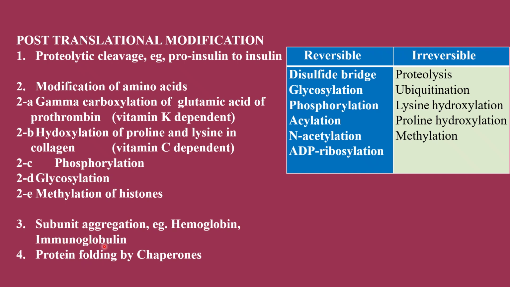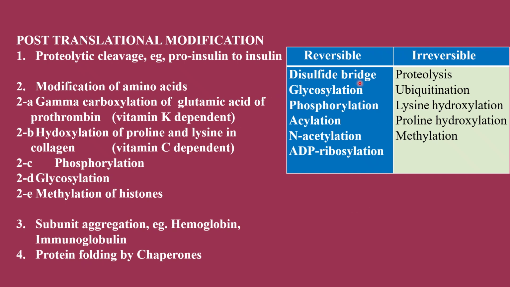Then finally, subunit aggregation. For example, you have seen hemoglobin. It is a complex structure. So there are four subunits all joined with each other. Or another example can be immunoglobulin, then protein folding by chaperones. So these many processes happen in the course of post-translational modification.